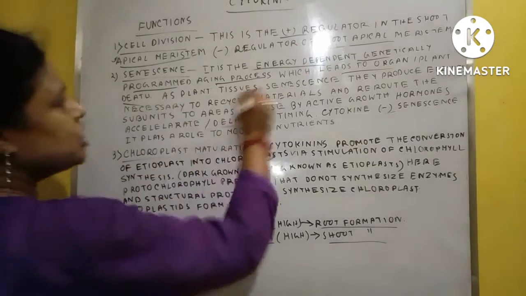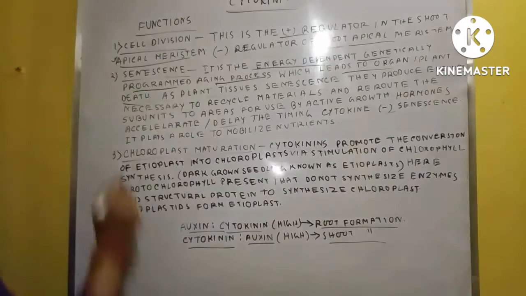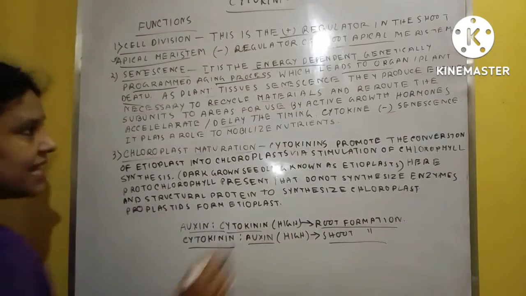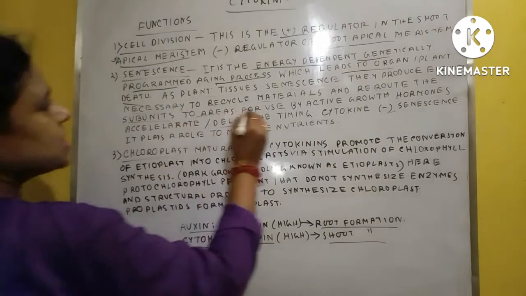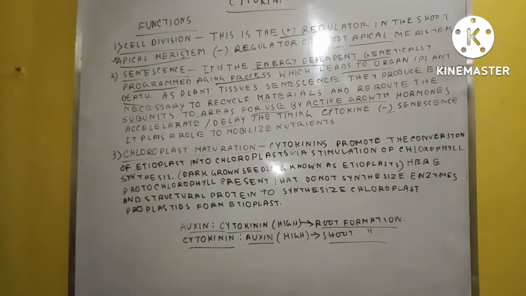And what happens in that situation? As plant tissues senesce, they produce enzymes necessary to recycle the materials and reroute the subunits to areas for use by active growth hormones. Okay, so here it is saying that plant tissue that is already progressing in senescence actually produces some enzymes.